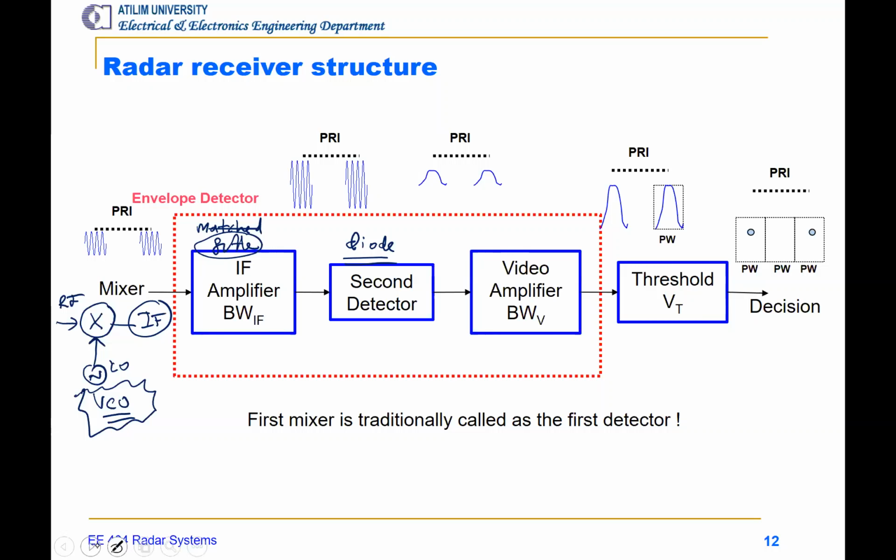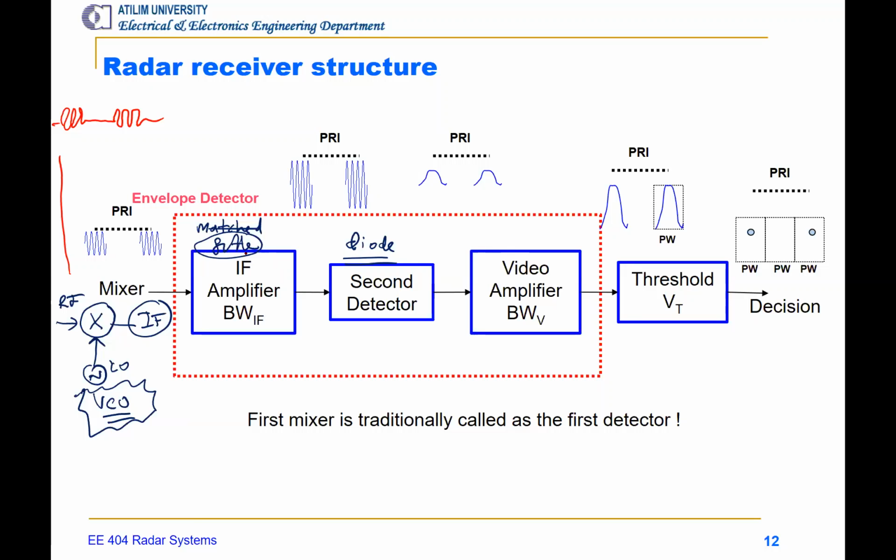So what kind of signal do we expect here? Here, we got a high frequency sinusoid, and it's pulse modulated. After the mixer, this is down converted, so the frequency of the cosinusoid is reduced to some reasonable level that we can process. And then we got a matched filter.